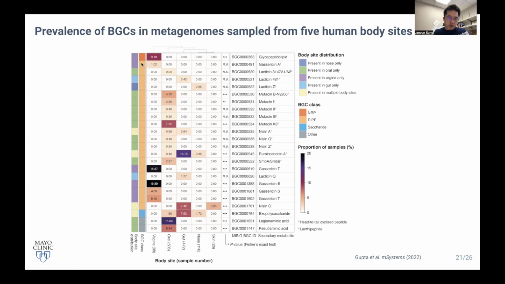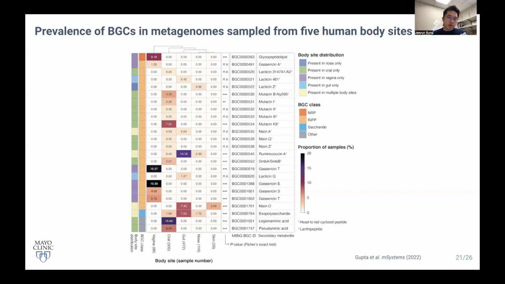Colors here represent the BGC class. Colors on the heat map show the proportion of body site samples the BGC is in. And the stars that you see here indicate whether the BGC is significantly overrepresented in one or more body sites.